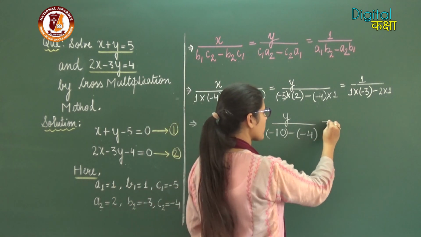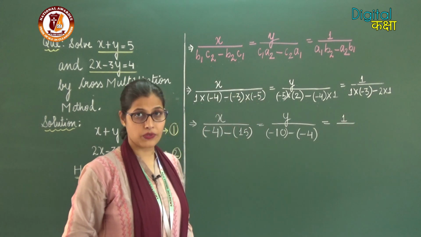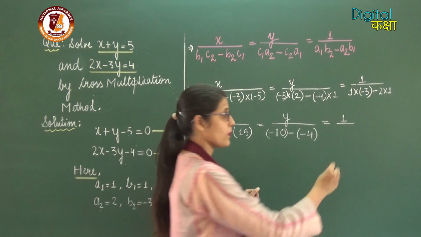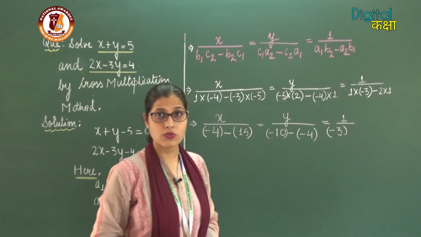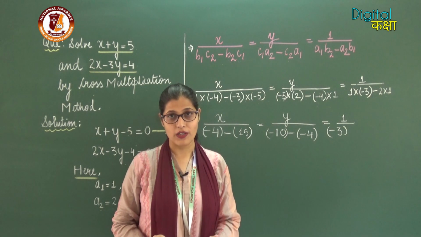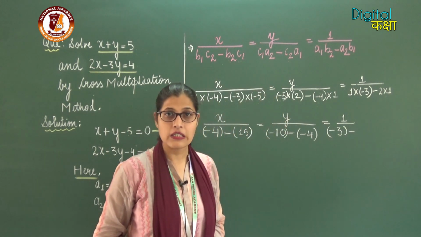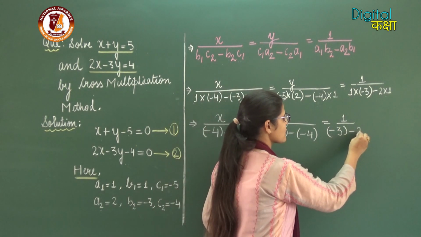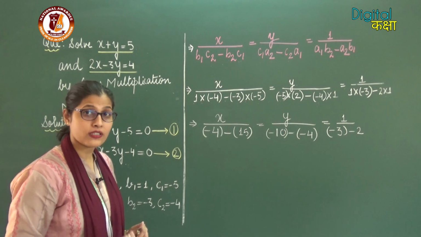This will again be equals to 1 upon 1 into minus 3 will be equals to minus 3. This I will be writing in a bracket to avoid any kind of confusion. Then again a minus sign of the formula, and 2 ones are 2. Now I will be simplifying it further.